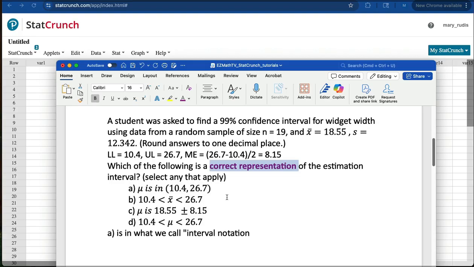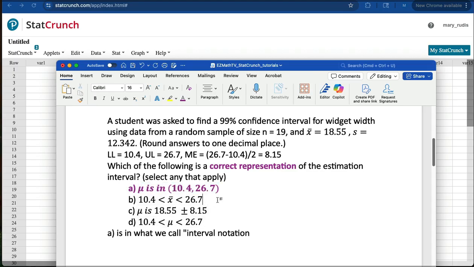So let's look at A. A says the population mean mu is inside the range of 10.4, comma 26.7. That's called interval notation. But is that a correct statement? And the answer is yes, that would be correct because it is a statement about the true mean mu.